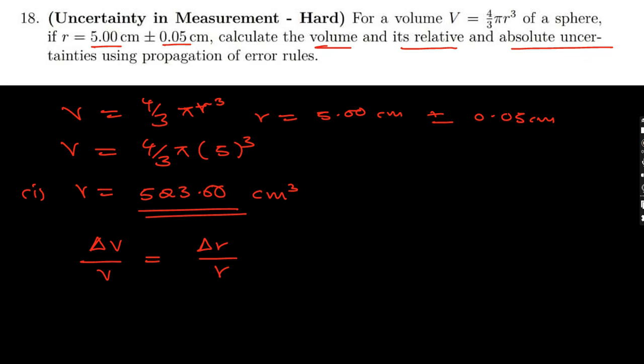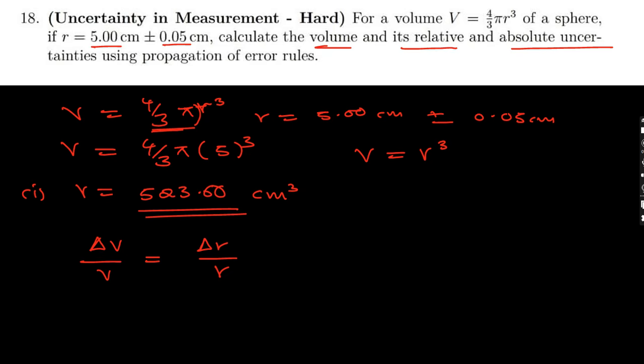When we are dealing with the relative uncertainty, we ignore the constant. 4 over 3 pi is a constant. So the equation is going to remain, the volume is going to be the cubic radius. What does this mean?